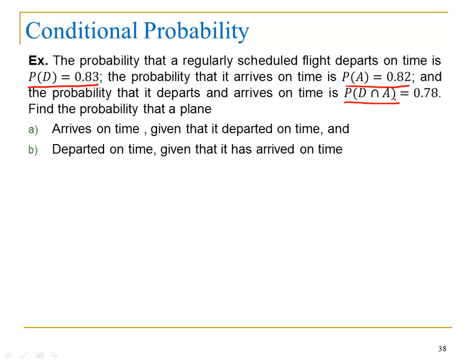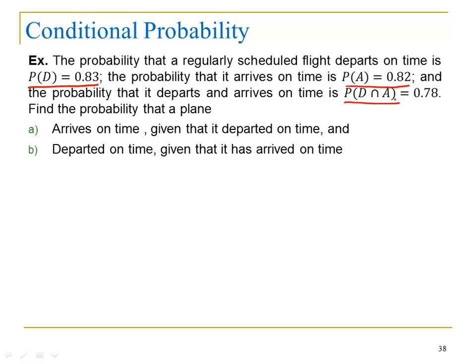First one is to find the probability that a plane arrives on time given that it departed on time. So if we know that it departed on time, that's the given fact, we want to know, if that happened, what will be the probability that it also arrives on time.